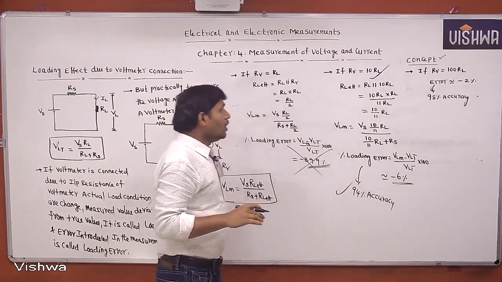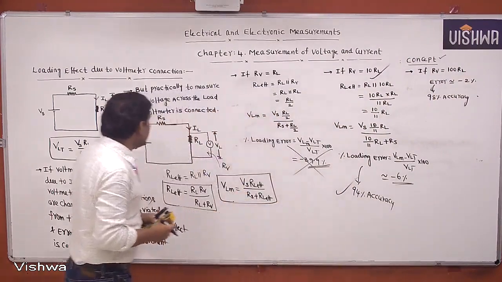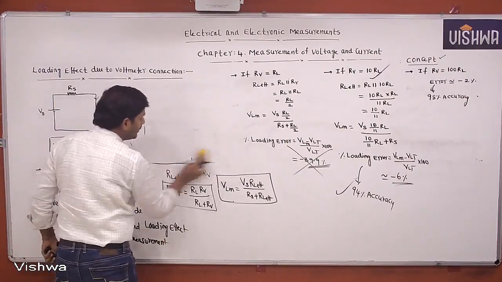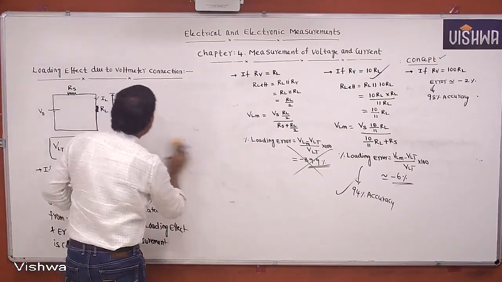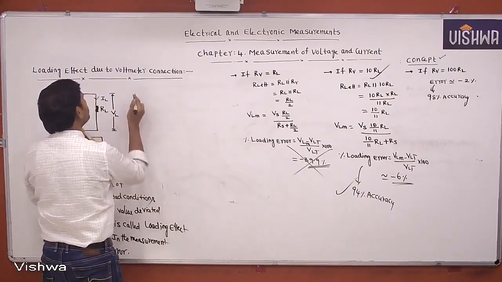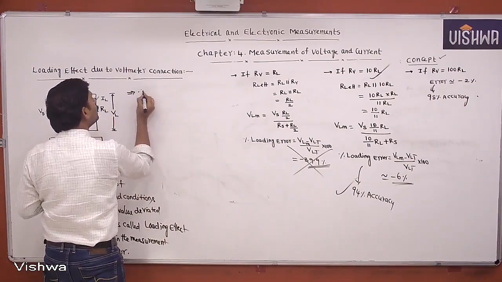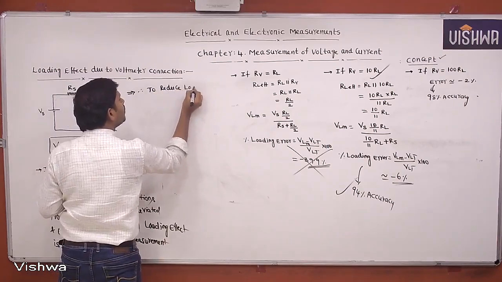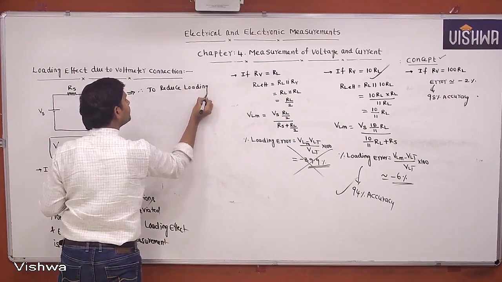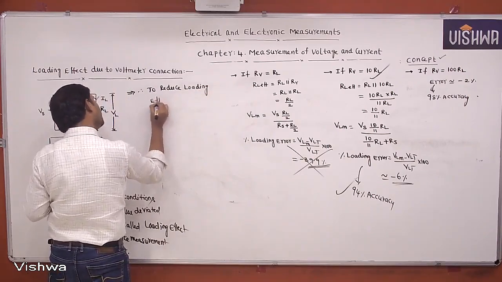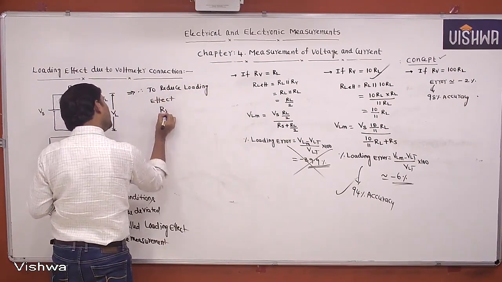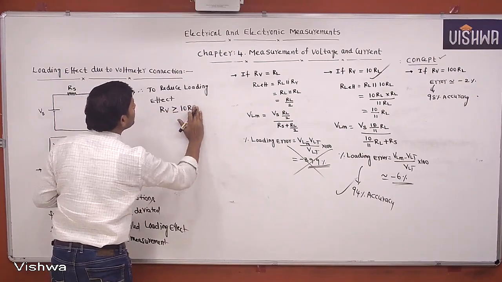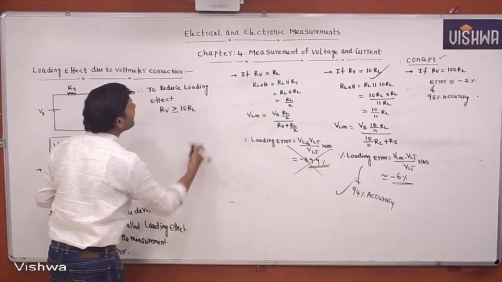Therefore, to reduce the loading effect, how can we select the input resistance of the voltmeter? Practically, RV must be greater than or equal to 10 RL.